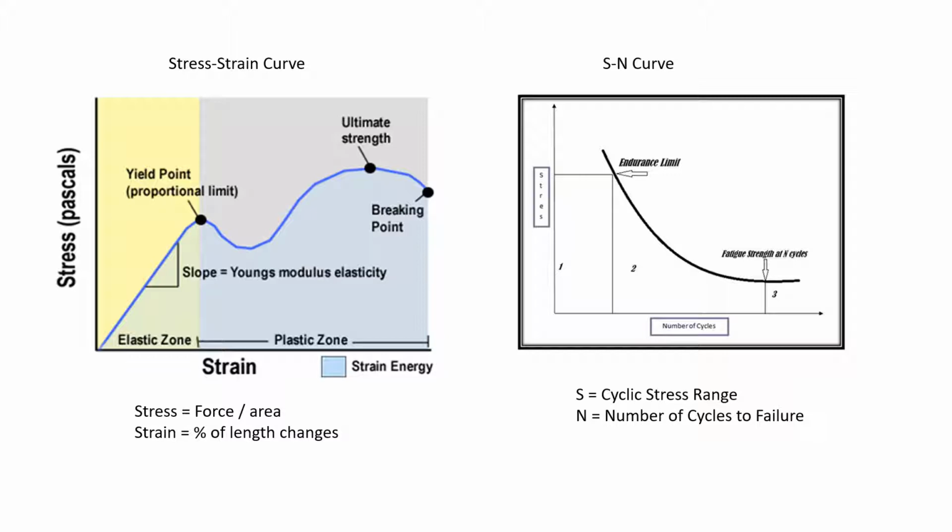On the right side, you can see a stress cycle curve. By stress, I mean the cyclic stress ranges, and by number, I mean the number of cycles until the tissue reaches failure. Here stress represents the strength of the tissue.